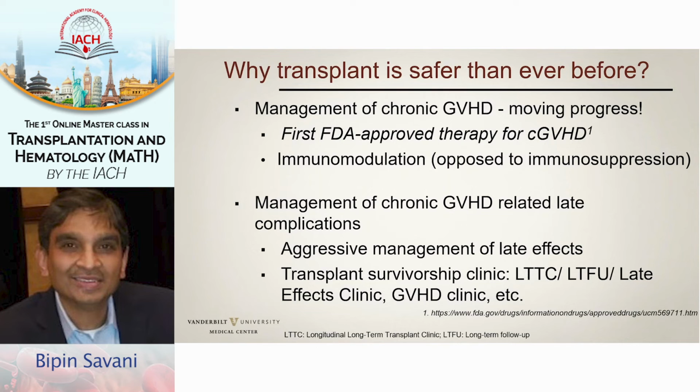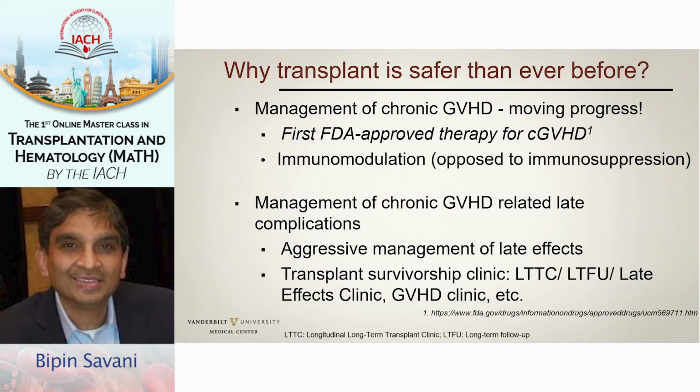All information is available on the IACH website, free open access webinars. The second main reason is the concept of immunomodulation as opposed to immunosuppression. And third, most important is management of chronic GVHD related late complications.